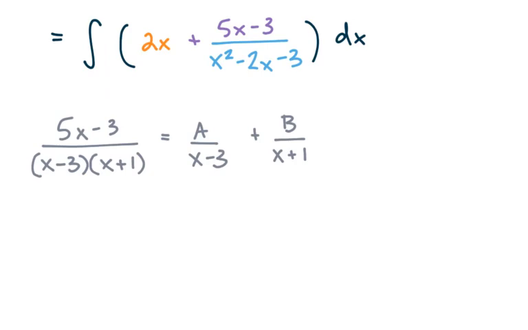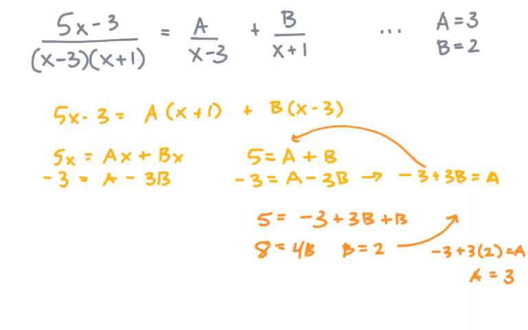And if I run through my partial fraction decomposition, or a little bit of work, I'm just going to say, hey, we get A equals 3 and B equals 2. I'm going to encourage you to pause the video right now and make sure you can do that. I'm going to pause the video, write out my work for how I got that A and B on the screen, and then we'll continue with our problem.